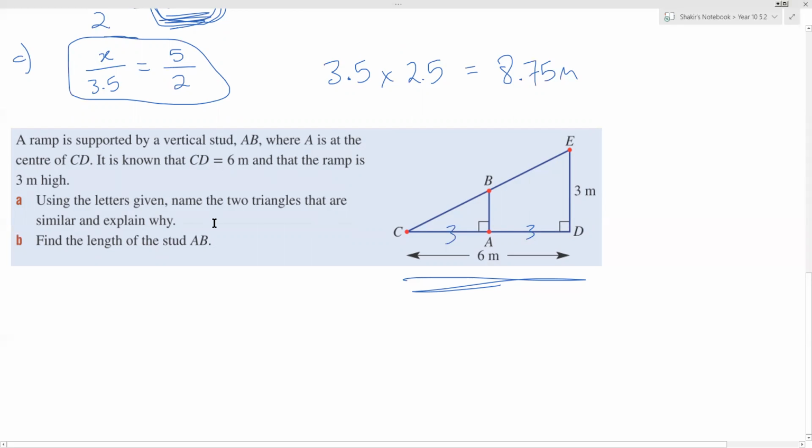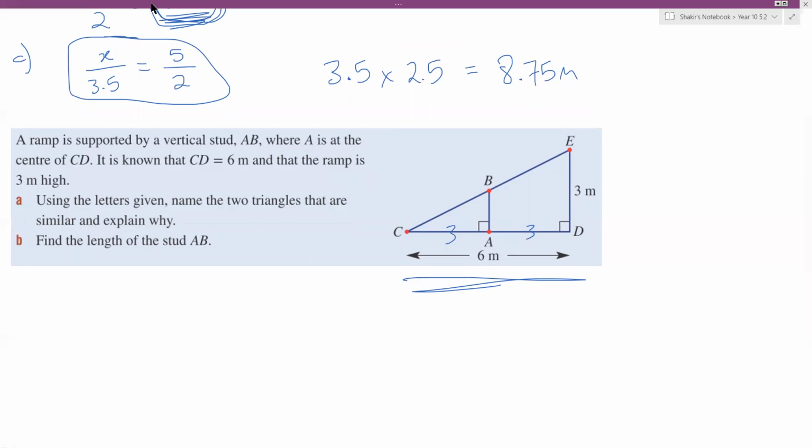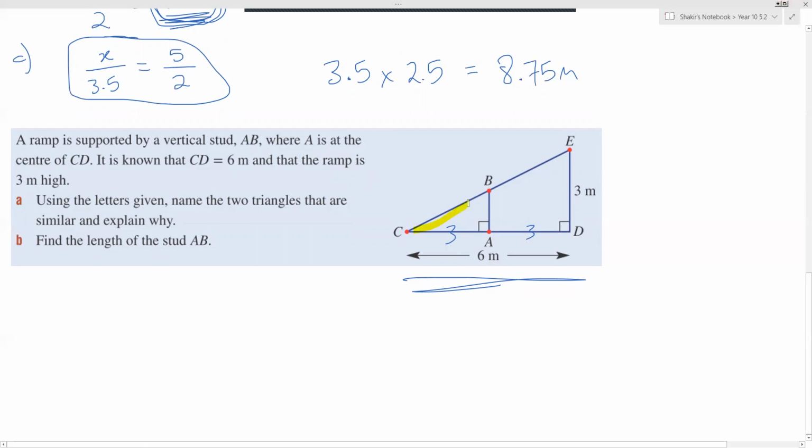Using that as given, name the two triangles that are similar and explain why. Okay, well, there are only 2 triangles. In case you can't see, I'll just highlight it in yellow. That's the first triangle, right?